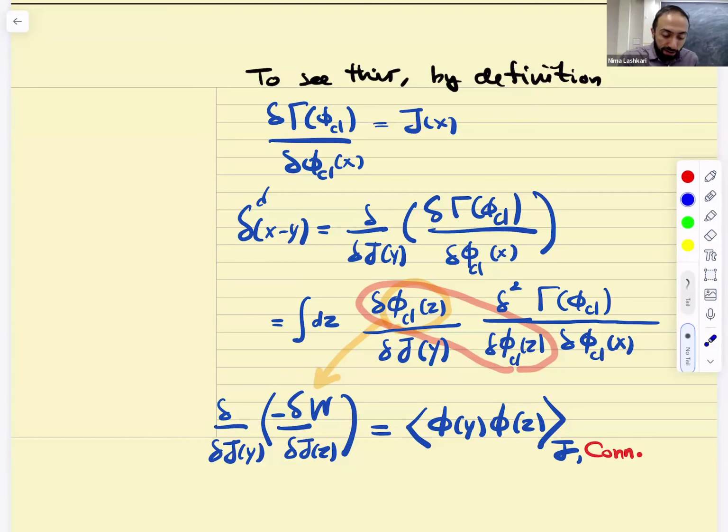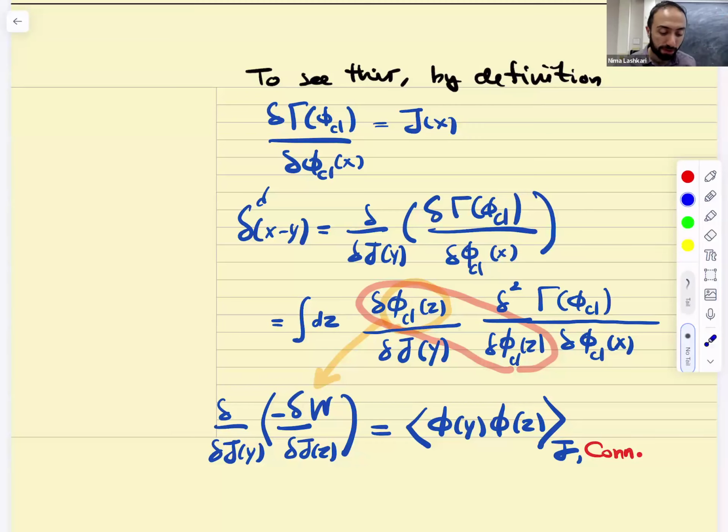I do that so that on this side, I get a second derivative of the effective action. That's the point, right? When I say that the effective action is the generating functional for 1PI diagrams, it means that if I take two derivatives with respect to this, I should obtain the 1PI 2-point function, right?